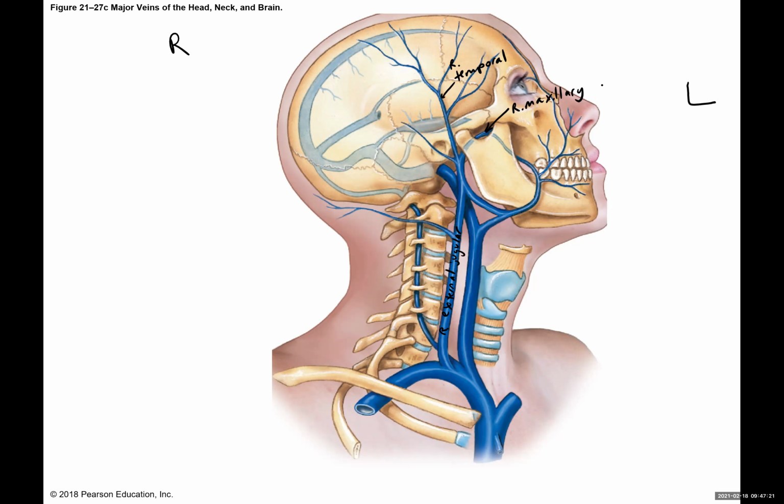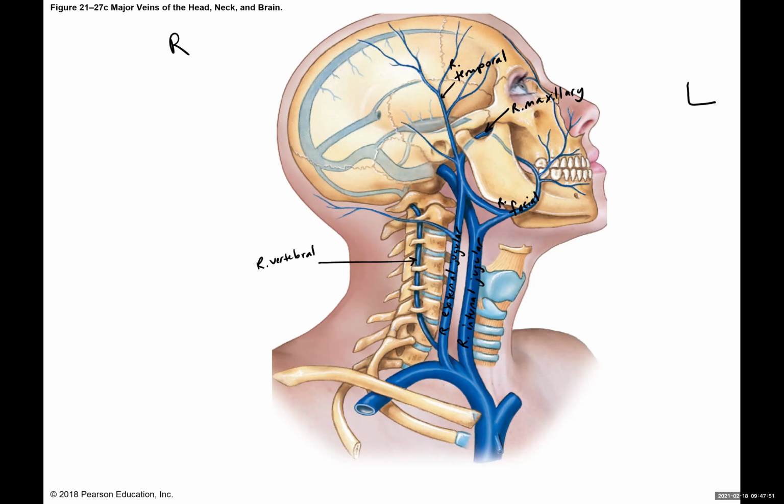We also see kind of coming off of the external jugular vein, or maybe we should say feeding into the external jugular vein, we have the right facial vein, which we see more easily feeding into the right internal jugular. Draining also the head, we have our right vertebral vein.